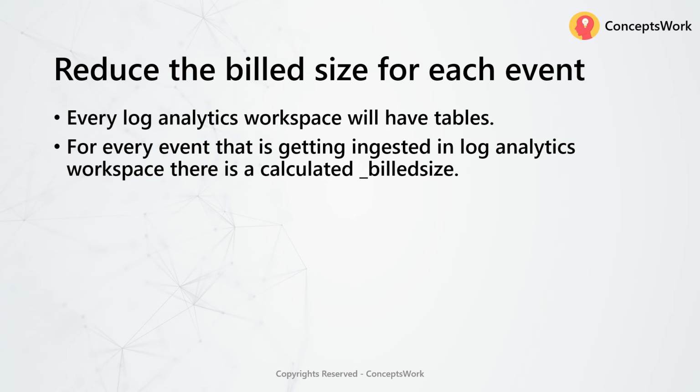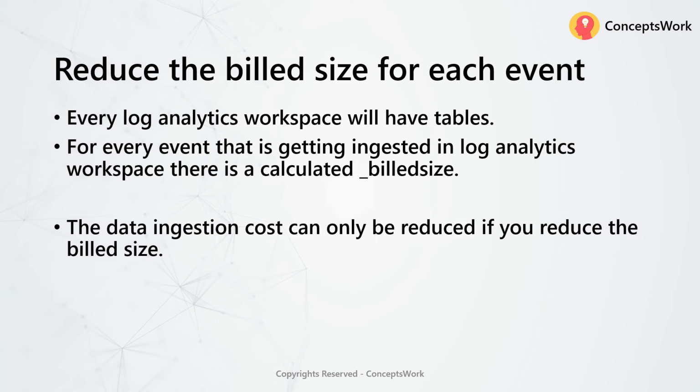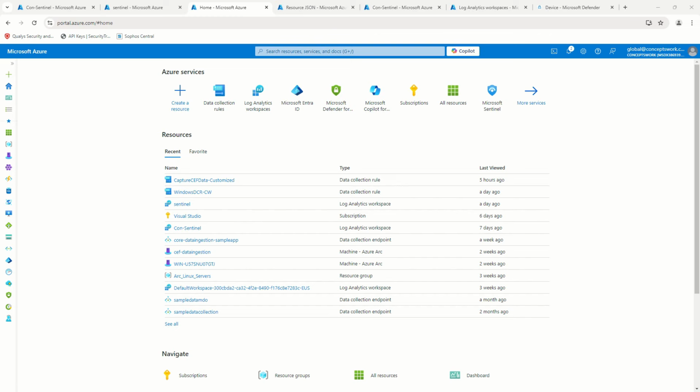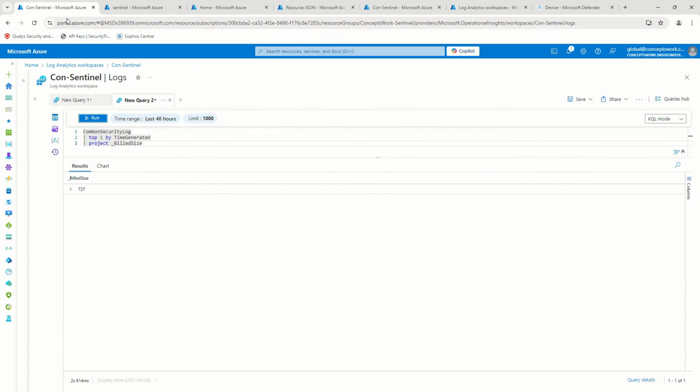For each event ingested in a specific table, there will be a calculated billed size. So the data ingestion cost can only be reduced if you reduce the billed size. Let me show you this, and then things will make a lot more sense.